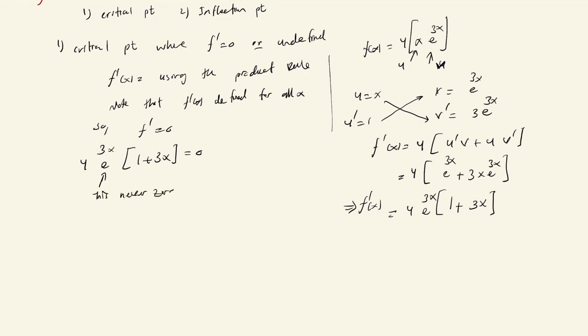If you like x to be 0 or a positive value or a negative value, e to the 3x is gonna be always positive and never 0. So we just have to set 1 plus 3x equal to 0 and solve that equation. x is gonna be minus 1 over 3, and that's our critical point.